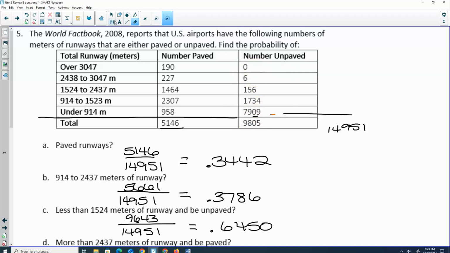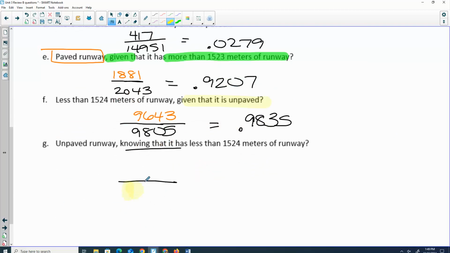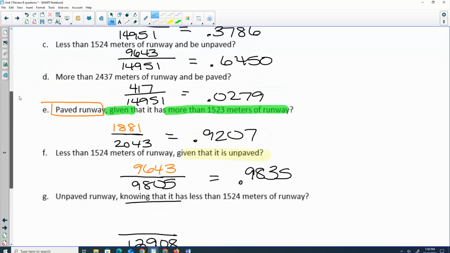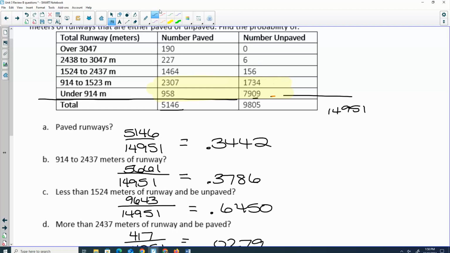So if we're looking at all the numbers less than 1524, that's those four numbers, and that will be our denominator. Okay, the numerator, we want those that are unpaved out of that group. So I'm only looking at my highlighted numbers, my unpaved ones.